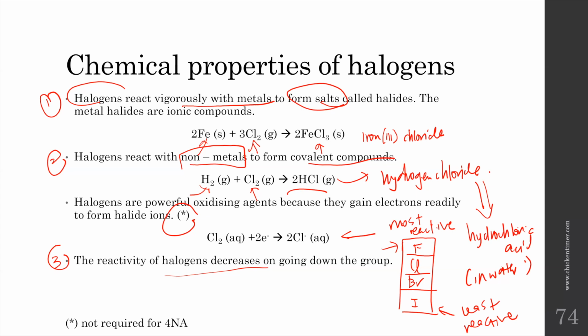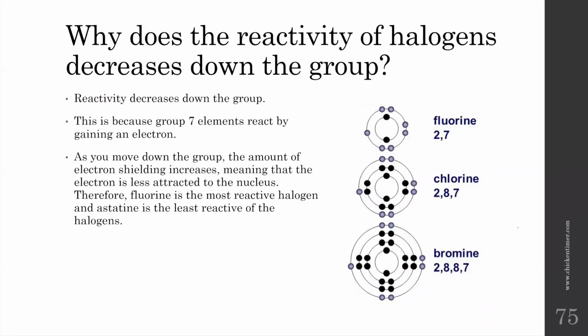So fluorine is the most reactive, and the last element in group 7 is the least reactive. So this is another question that they would ask. They ask you, why is fluorine the most reactive? Or they ask you to explain why reactivity decreases down the group.